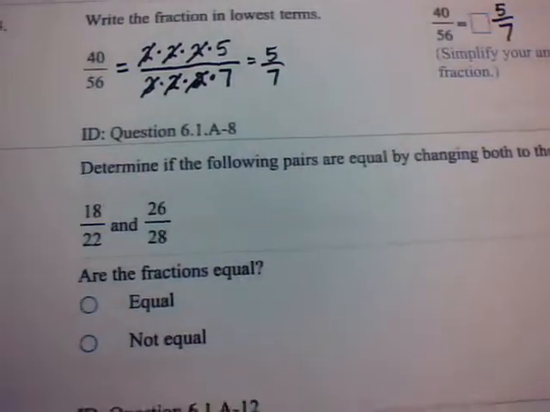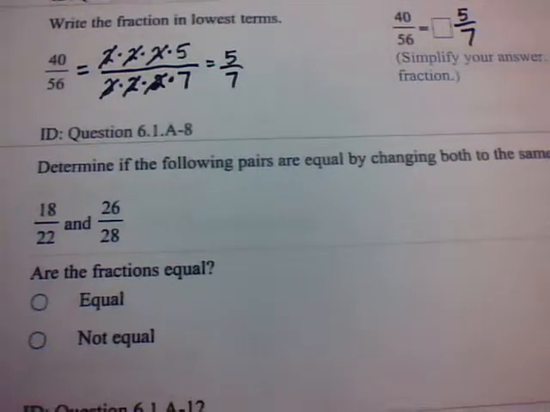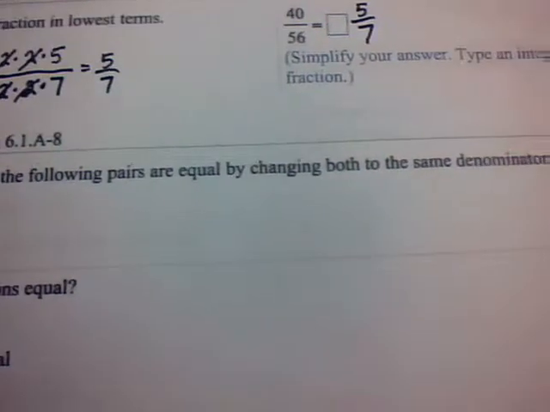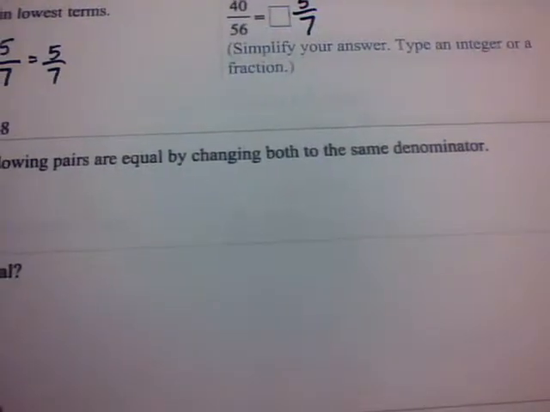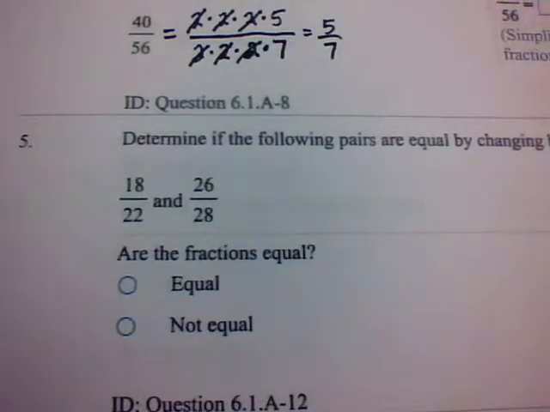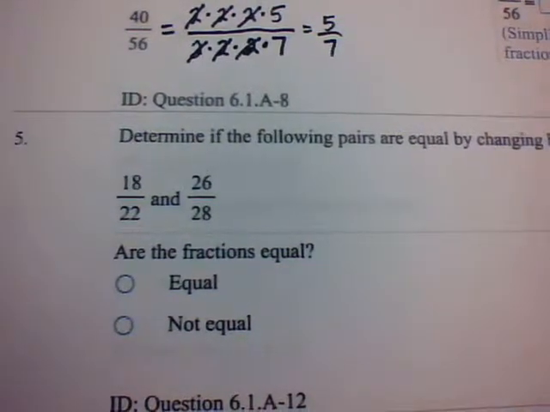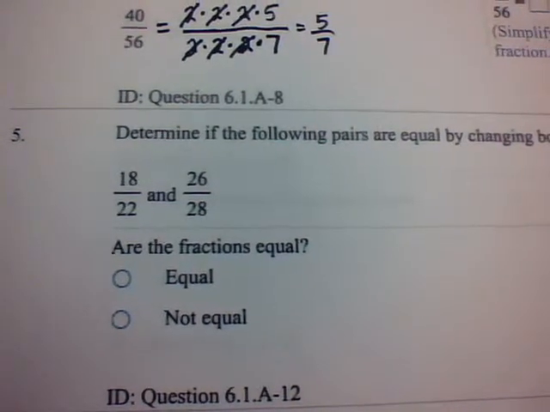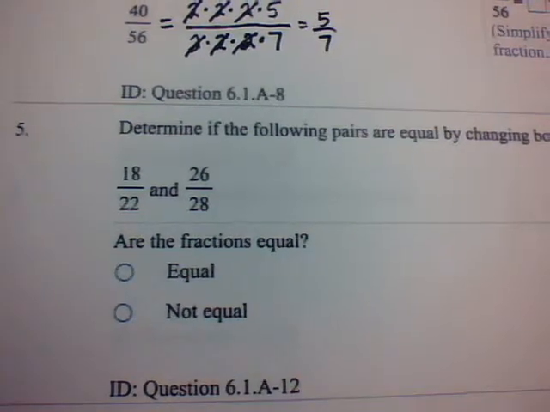All right, number 5. Determine if the following pairs are equal by changing both to the same denominator. So here we want to change 18 over 22 and 26 over 28 to the same denominator.